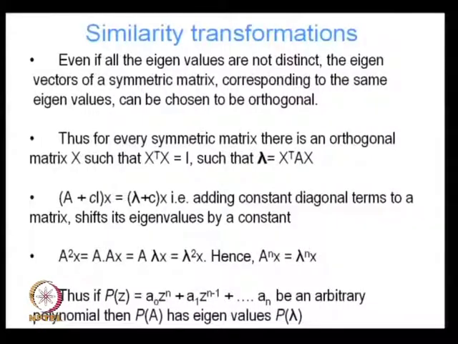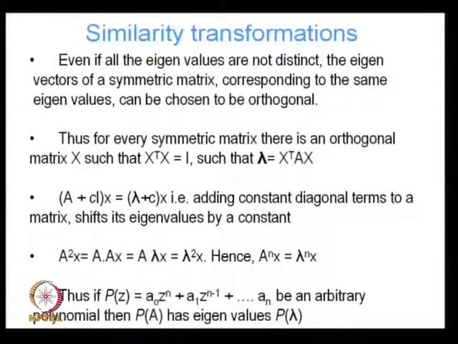We can define the eigenvectors so that the dot product of those eigenvectors is equal to 0. Thus, for every symmetric matrix, there is an orthogonal matrix X such that X transpose X is equal to I, that is, such that lambda is equal to X transpose A X.